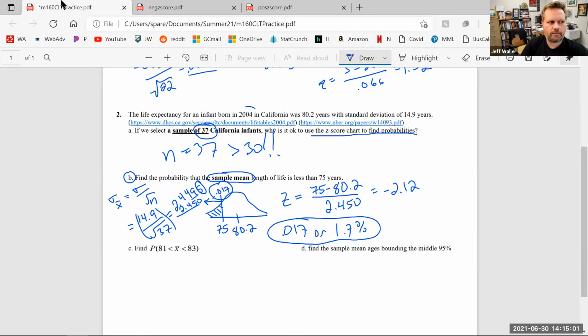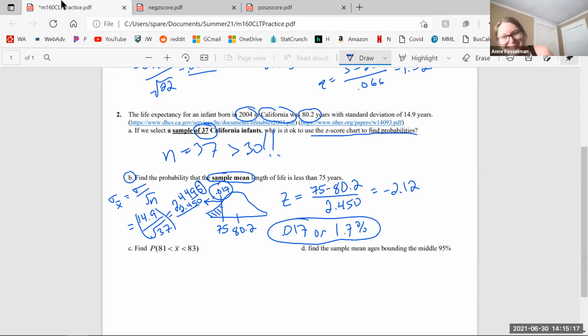Well, 2004, California, 80.2 years was the average life expectancy. It actually went down during the recession. Is anybody old enough to remember the recession? The Great Recession. Yes, I am. And some of you guys might have been like 7 when that was happening, whatever.